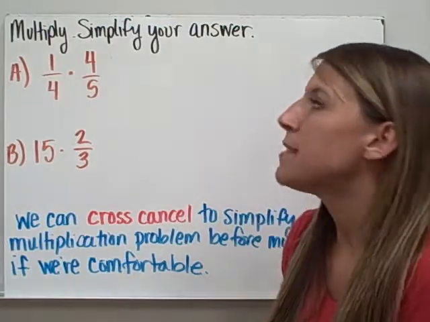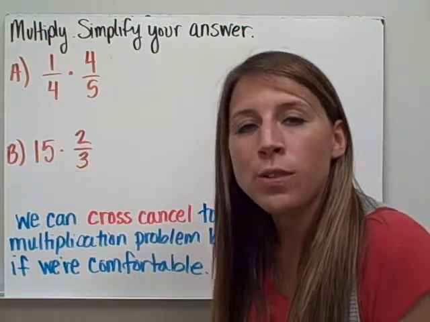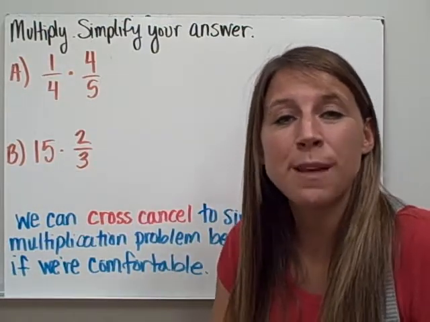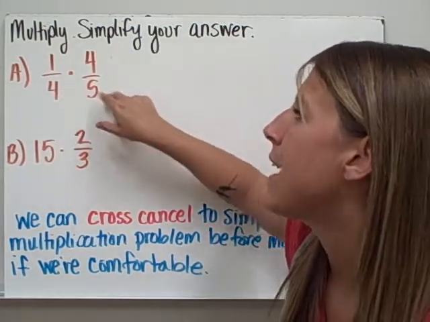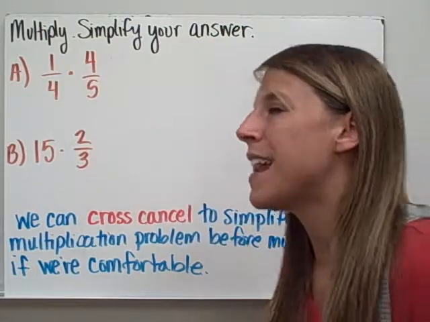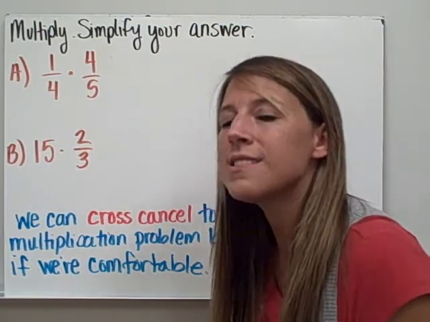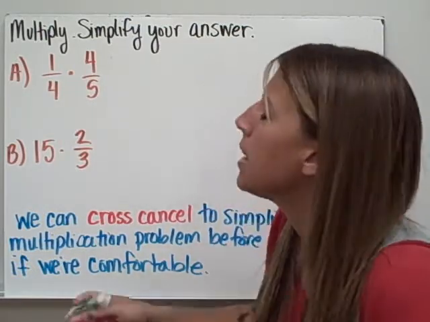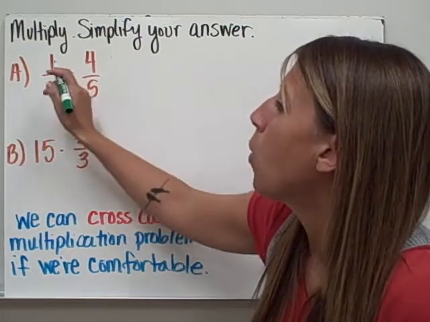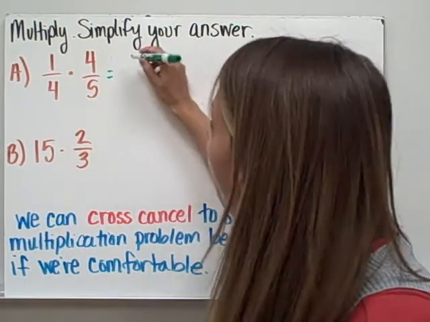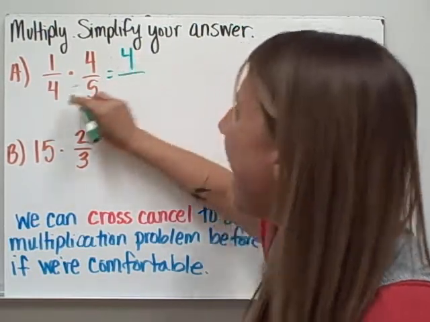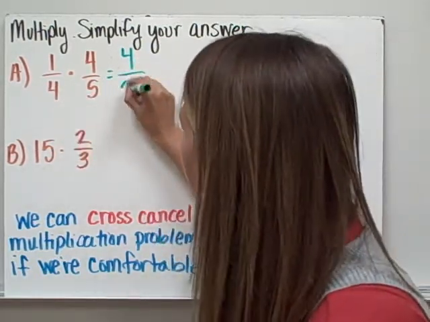So here are some simple numerator and denominator only fractions that we can multiply in the same fashion. If I'm multiplying 1/4 times 4/5, I multiply the numerators, then I multiply the denominators straight across, and then I simplify if necessary. 1 times 4 is 4, and 4 times 5 is 20.